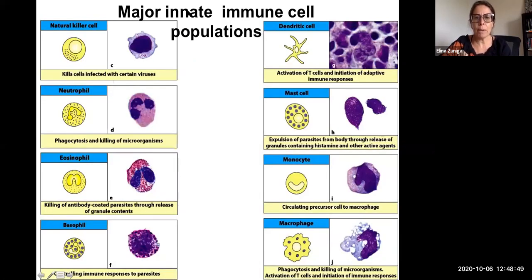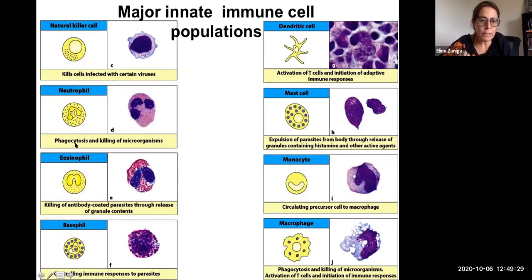And so here are the major professional innate immune cell populations. We have the natural killer cells which, as the name indicates, are specialized for killing infected cells, particularly virally infected cells. They also play an important role in protecting us against tumors. We'll learn more about how they work, but they have granules that induce lysis of virally infected cells or tumor cells.